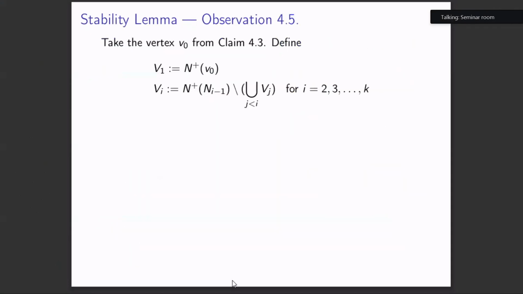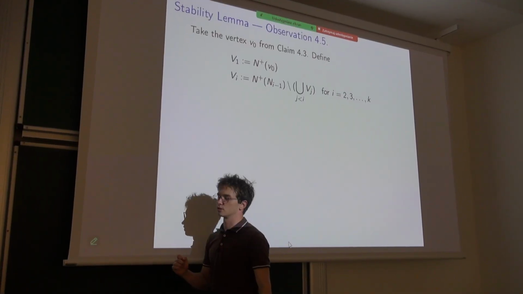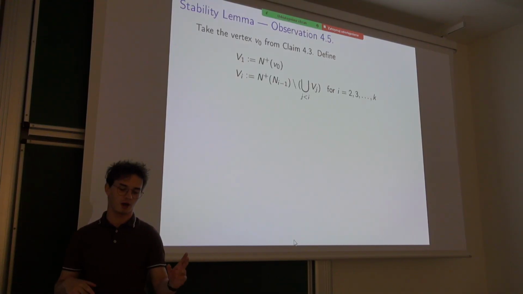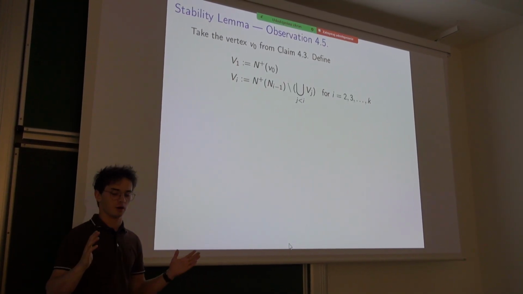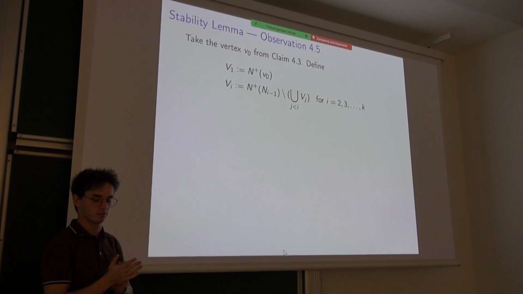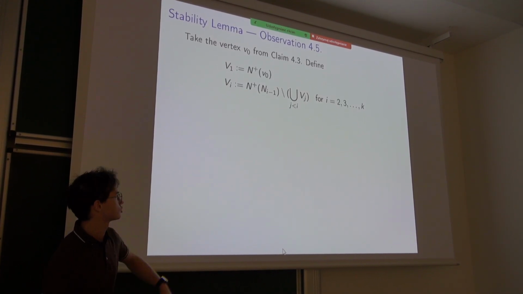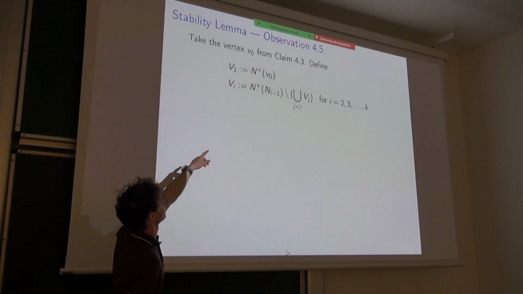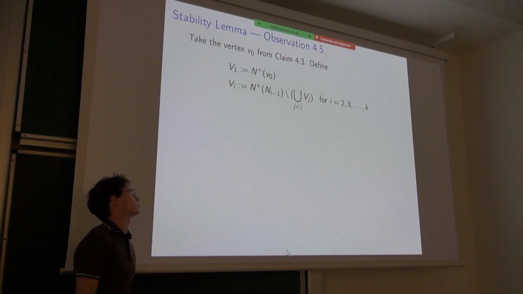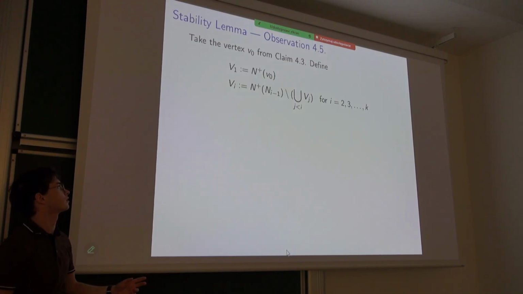Now, take the observation 4.3. We simply define blobs as vertices at some set distance from V0. We take V1 as the out neighbors, and Vi as just the outgoing neighbors of Vi minus 1, by simply then sum of Vj's.